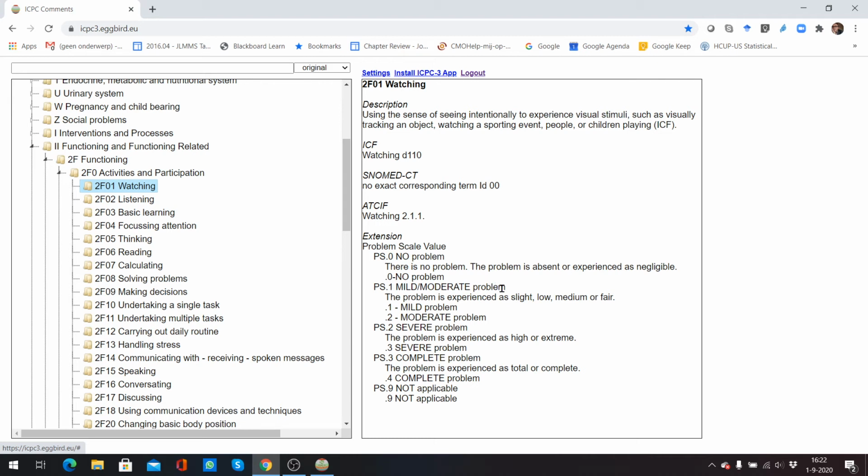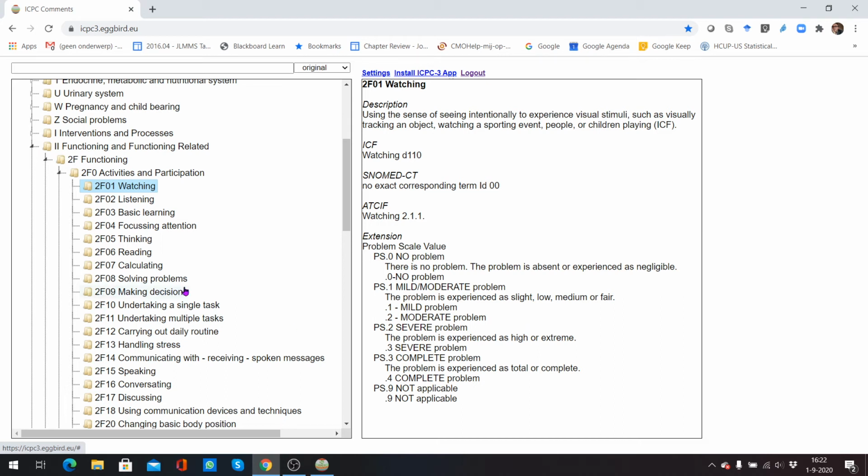It's possible to indicate, for instance, whether the reduced vision is not a problem, a minor problem, or a serious problem for this patient. So it's the opinion of the patients in the severity scale. And the severity scale allows you to follow the changes over time, and also to set goals.